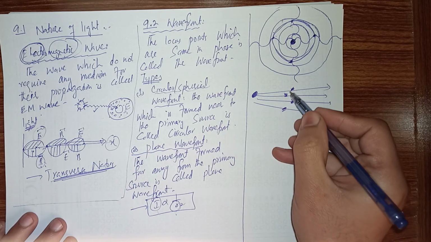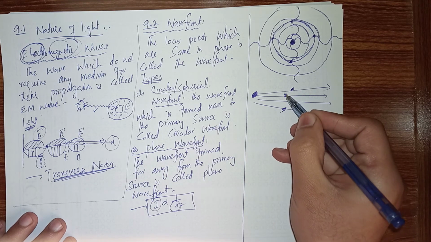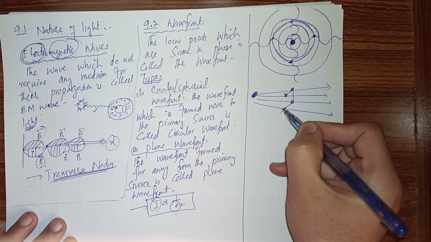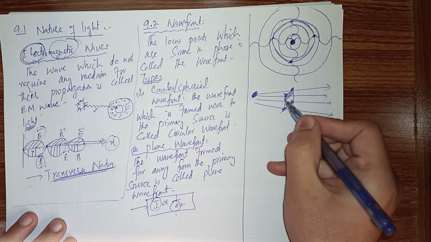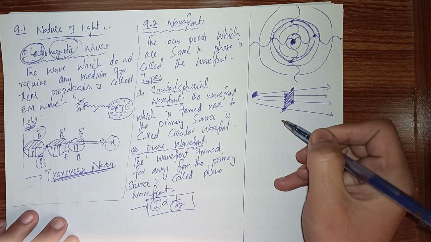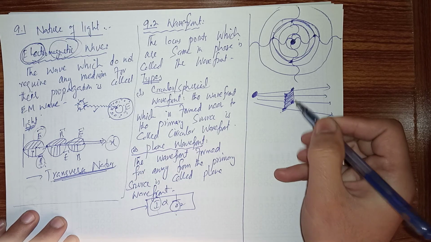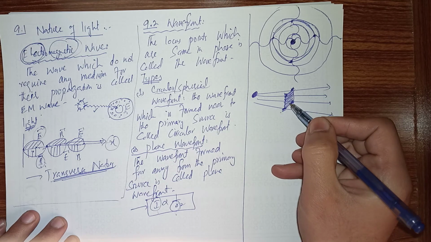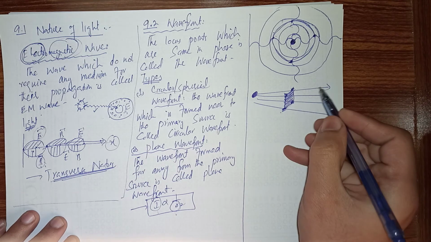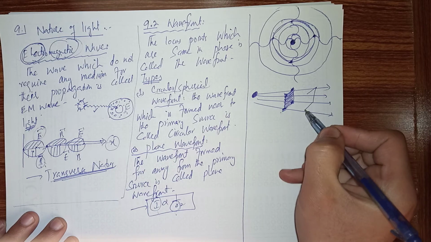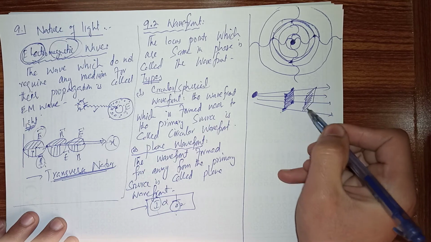So it means that these 4 points are same in phase. So if you combine these points, it will form a wavefront. So this position of the all 4 points is called the wavefront. Okay. So if you combine all these points, so this position is also called a wavefront.